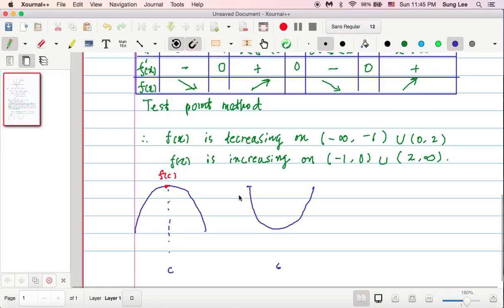So decreasing to increasing at C, so that means our f of c here is going to be a local minimum. Okay, this is going to be a local minimum. In this case, that's local maximum.